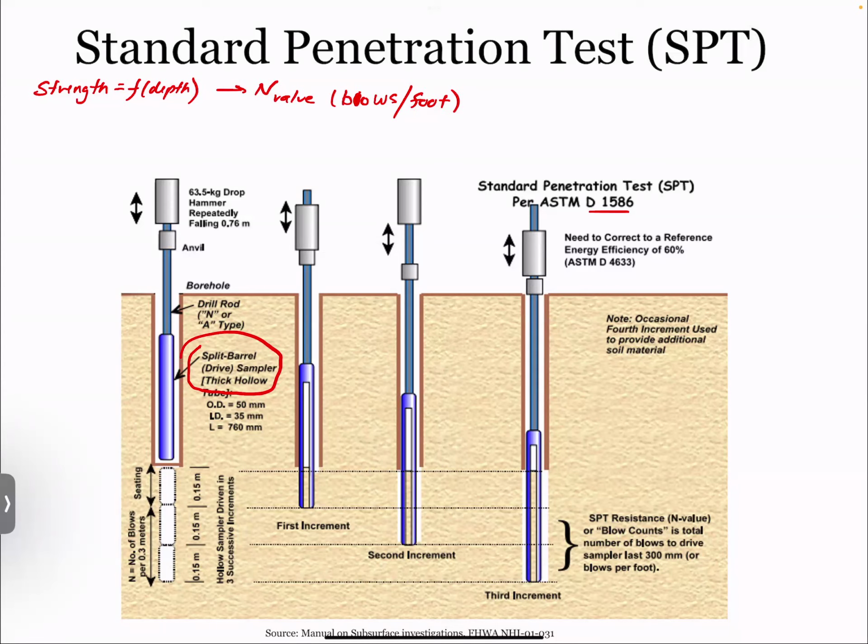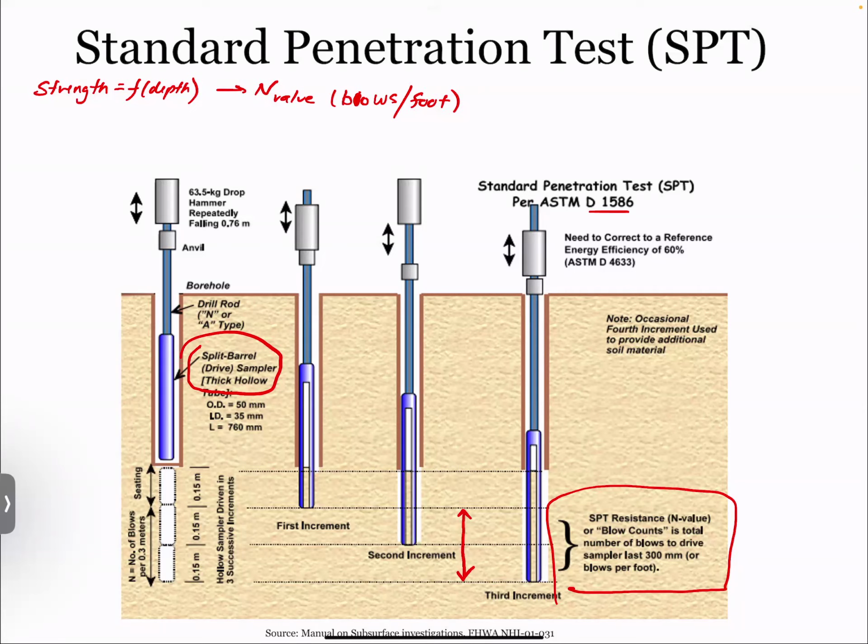So the hammer will swing over, you can hear it, it's like ting, ting, ting, and they will count the number of blows it takes to go 6 inches, and then another 6 inches, and then another 6 inches. So 18 inches total in first, second, and third increments. And then what we do to get this N value, since it's in blows per foot, we count the last 2 6-inch increments.